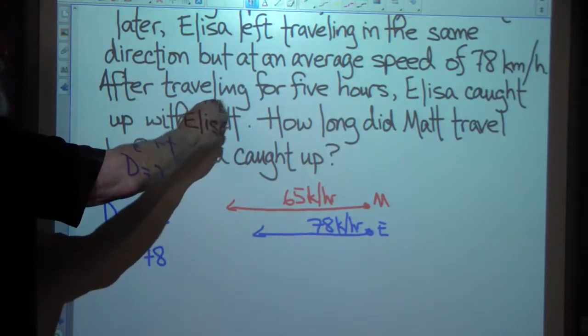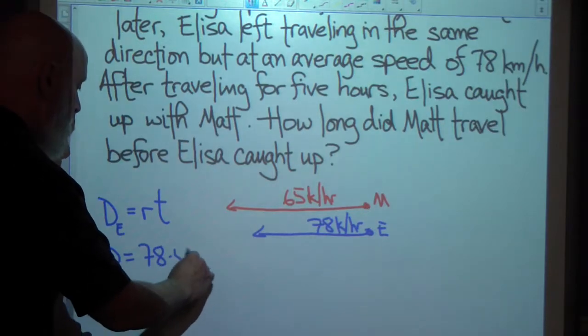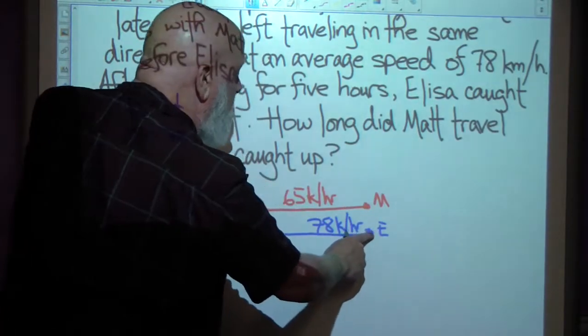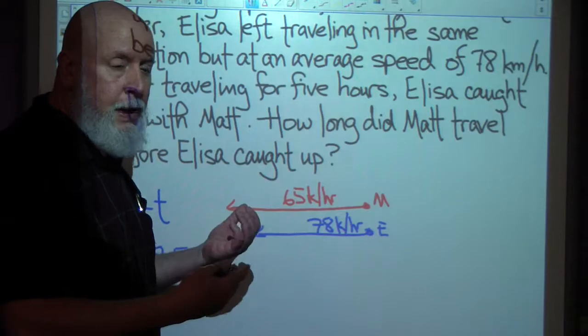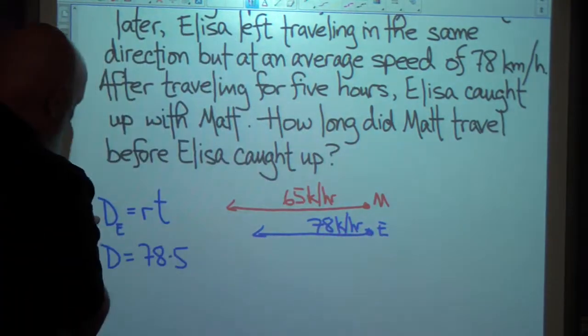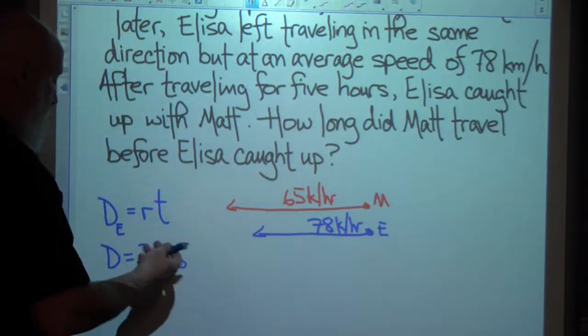After traveling for 5 hours, she catches him. Now, by the time she catches him, he got a head start. She's traveling faster. When she catches him, the distances that they've traveled will be exactly the same, because he's taken off and she catches him, and the distance that she traveled will be the same as the distance that he traveled. Something to bear in mind.